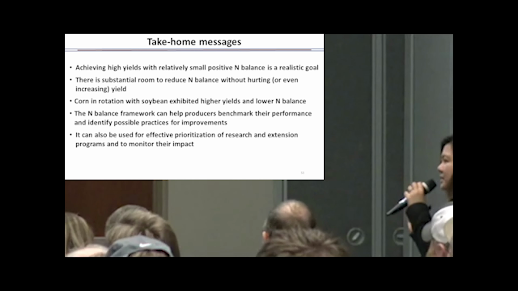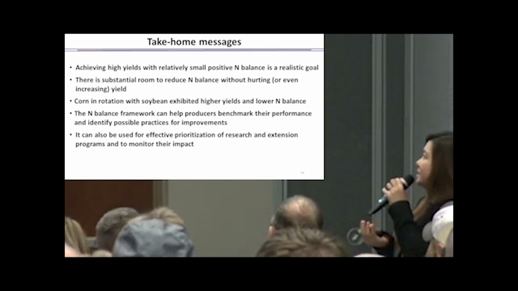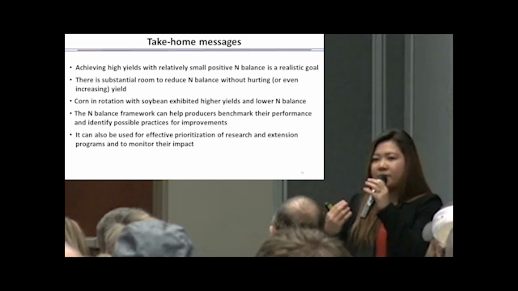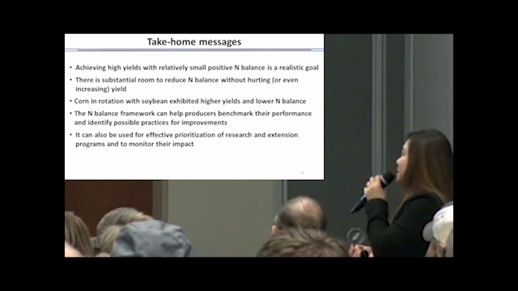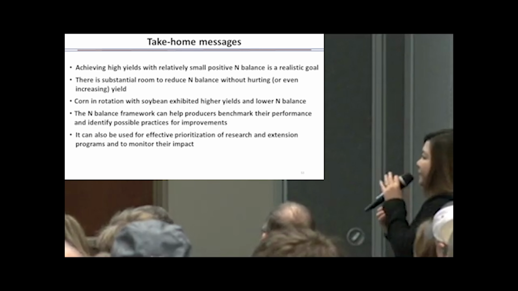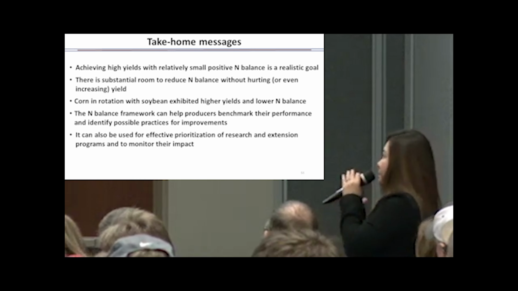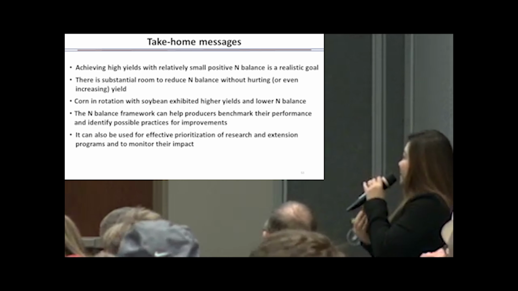Many producers could still reduce their nitrogen balance without hurting yield or even increasing their yield by just adjustment of some agronomic management practices. And this corn in rotation with soybean showed us that it could help producers to increase their yield and lower their nitrogen balance.